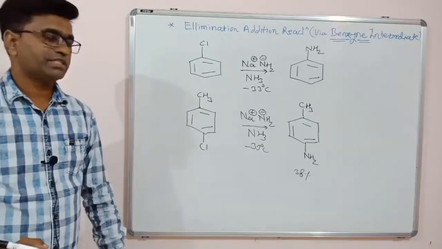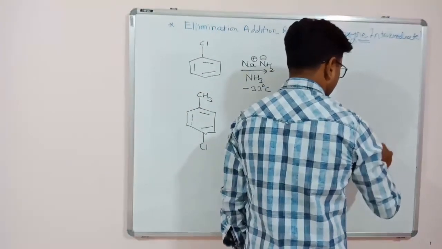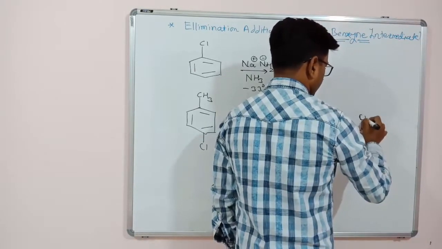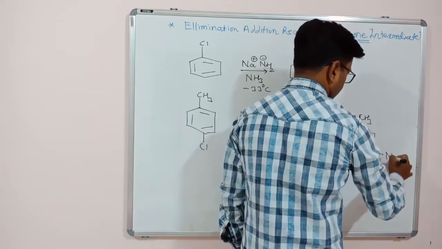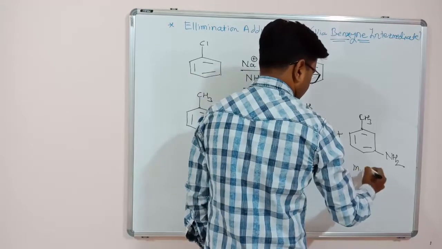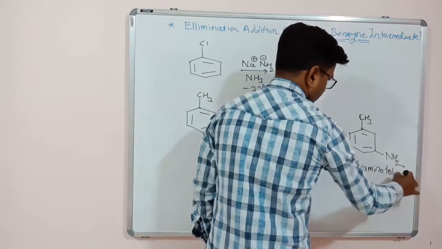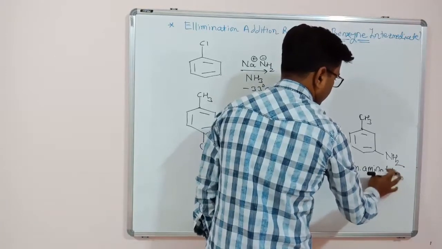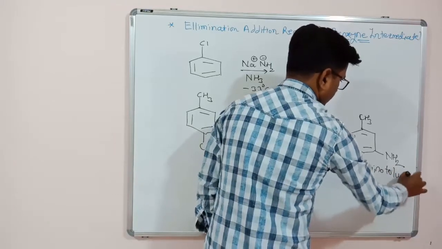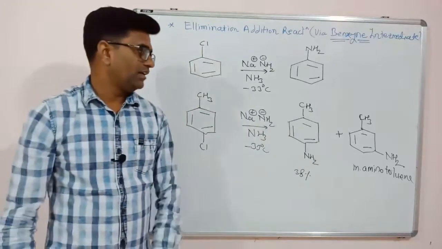Then what is the 62%? The 62% is another product, you can say an unexpected product. This is meta-amino-toluene, or you can say meta-methyl aniline also.